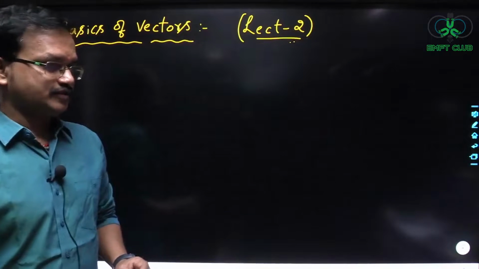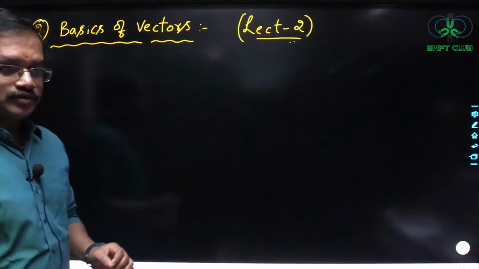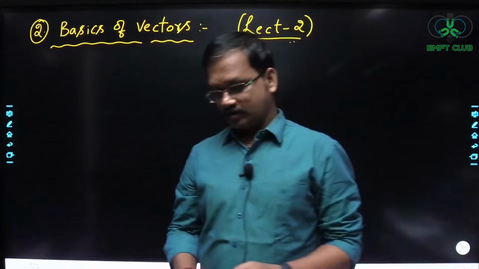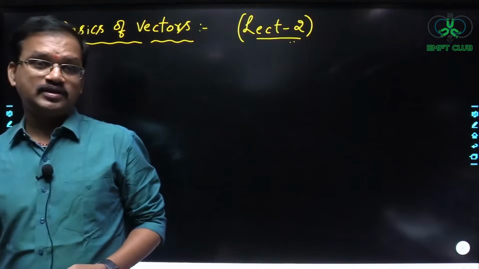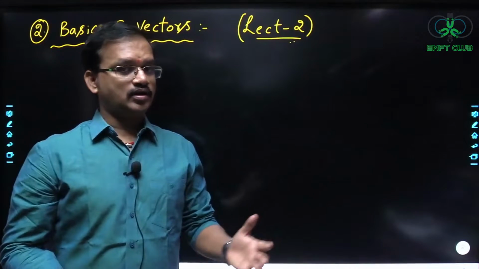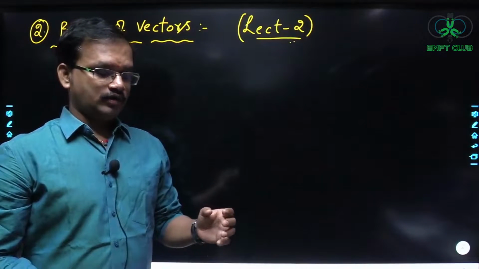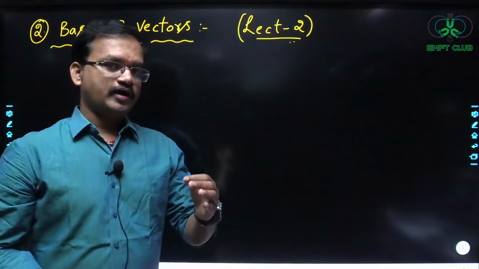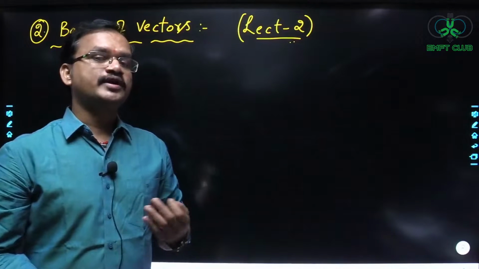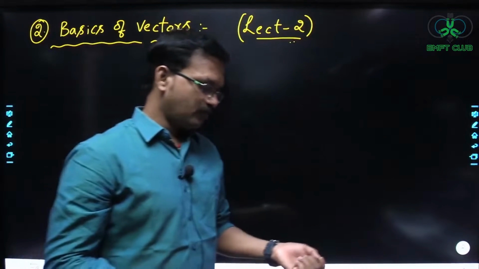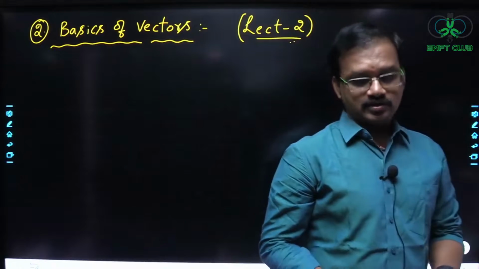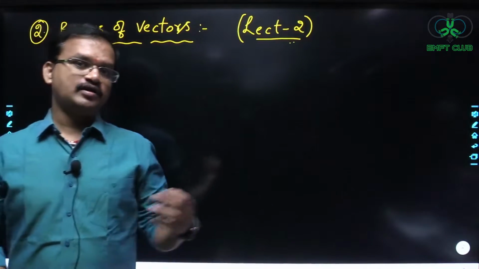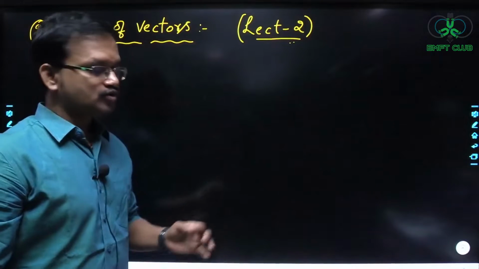In this lecture we are going to see how to find the component of one vector along the other, that is, how to determine the scalar component and the vector component of one vector along the other. Okay, so those things we will see.